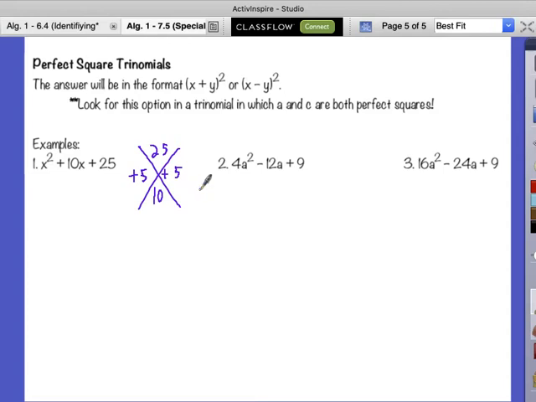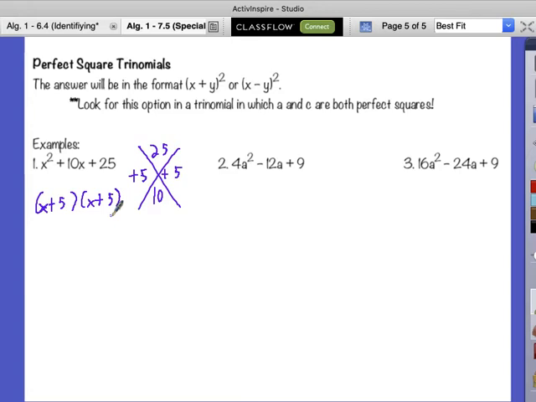Yes, sir. So as we go about now, we can use our shortcut here. Why can we use our shortcut? Because the a is 1. Yep, our a is 1, our leading coefficient is 1, the number with the x squared is 1. So what can I write here for my shortcut? x plus 5. x plus 5 and x, no? Plus 5, we follow the sign that's there. x plus 5 and x plus 5.